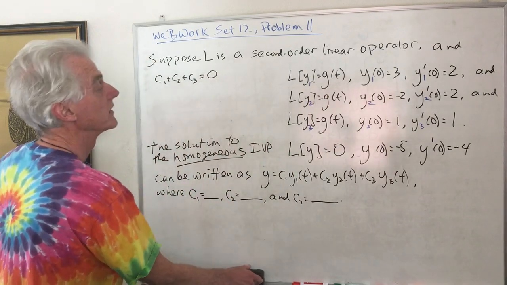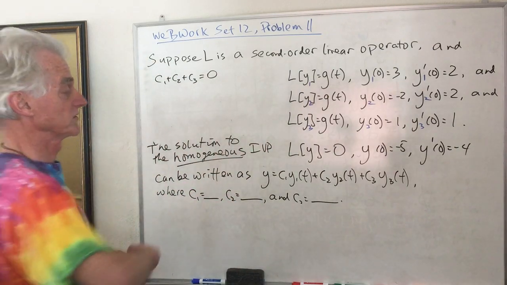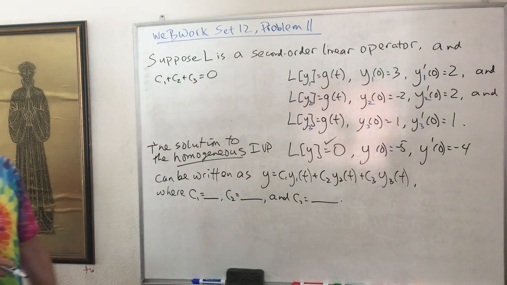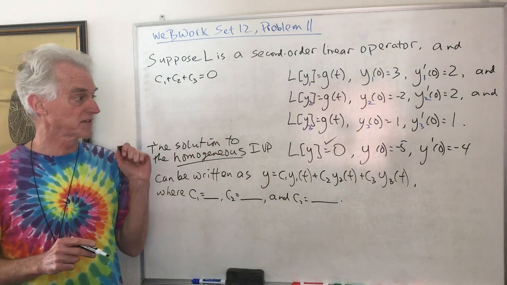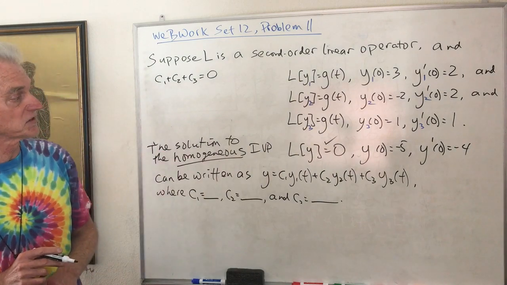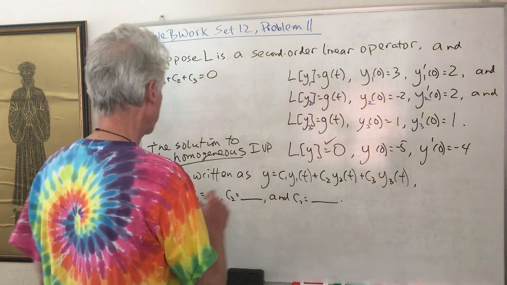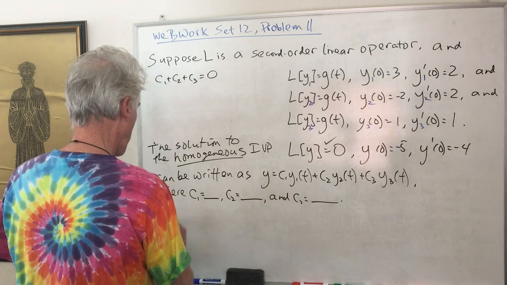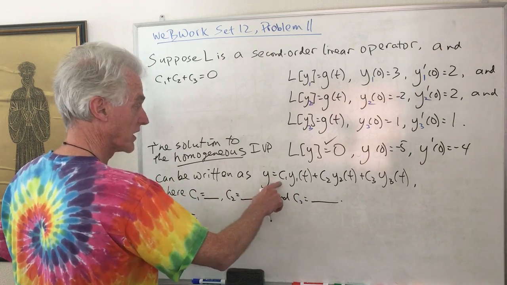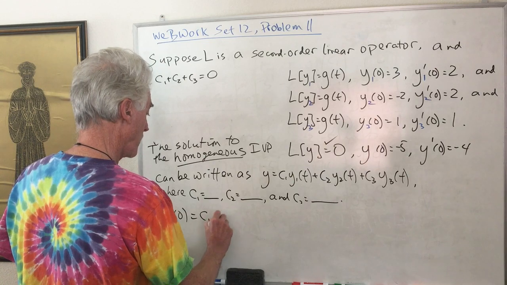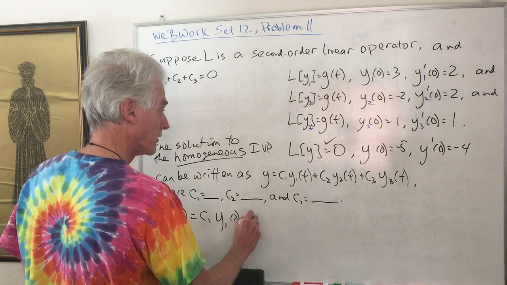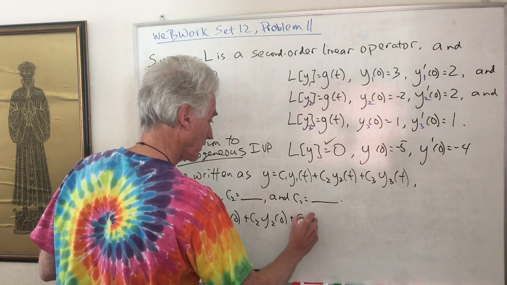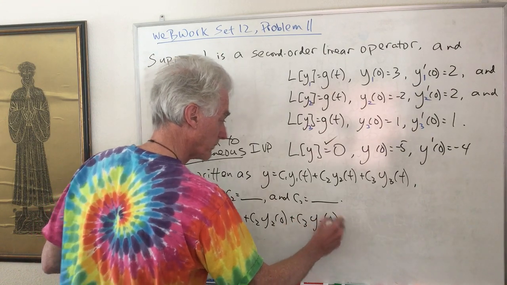Now the next thing is, we've satisfied that. If c1 plus c2 plus c3 is 0, this linear combination satisfies that. Now we want to satisfy the initial conditions. Well, what is y of 0? If I apply it, I get y of 0 for that linear combination is c1 y1 of 0 plus c2 y2 of 0 plus c3 y3 of 0, right?